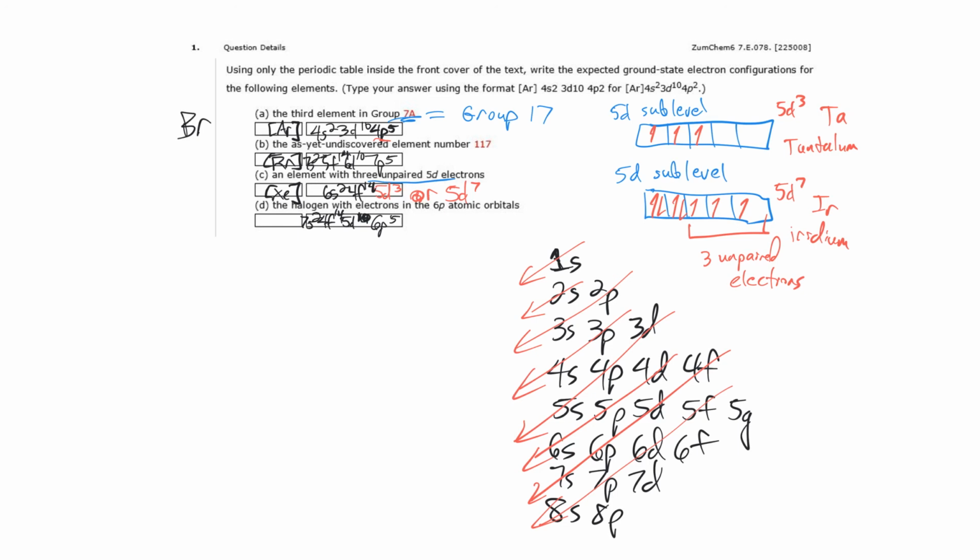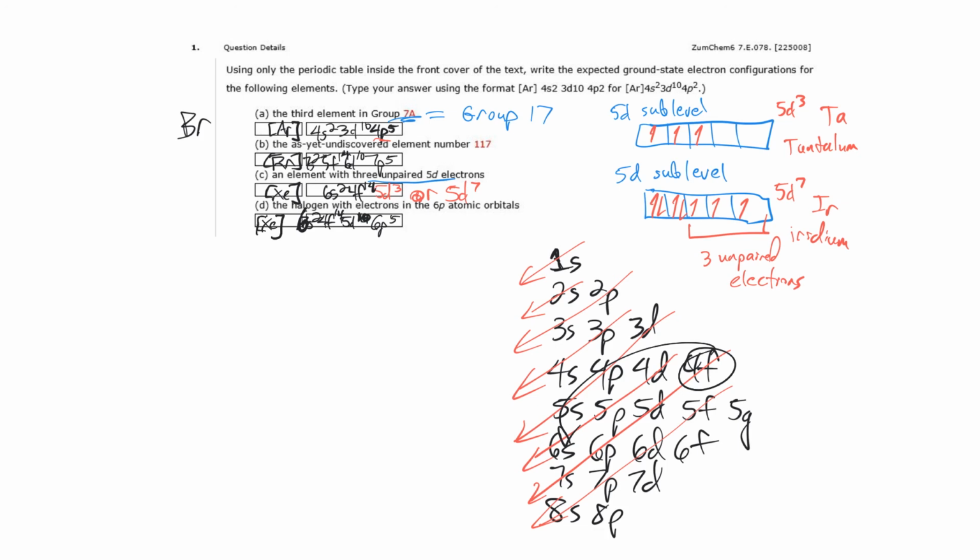And directly in front of the 7s sublevel, oops, excuse me, I got that one wrong too. Directly in front of the 4f sublevel is 6s. 6s, not 7s. And the noble gas right before that is xenon.